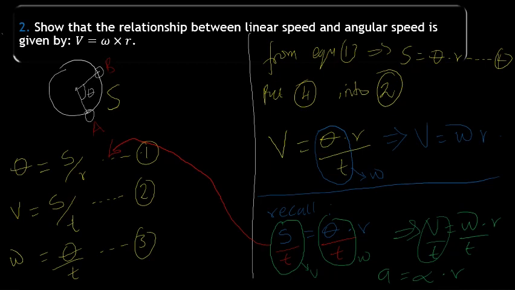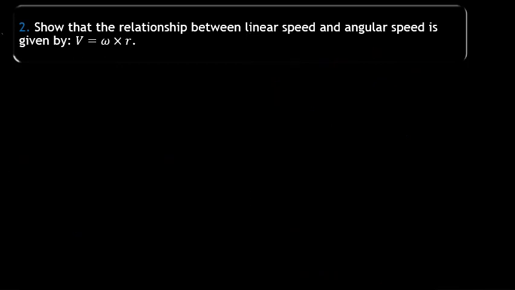Someone may be asking, how do we prove that theta is equal to S over r? So let's go ahead and prove it. Let's draw our circular path. We have our circle here, the same thing, this is the center.